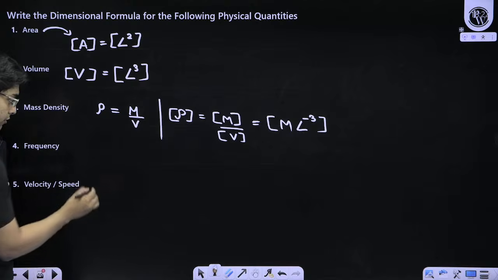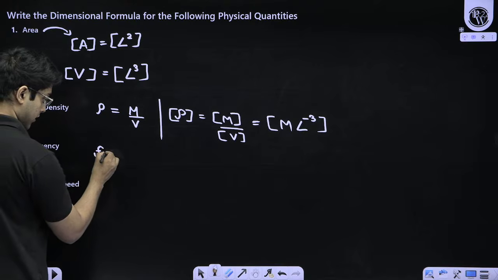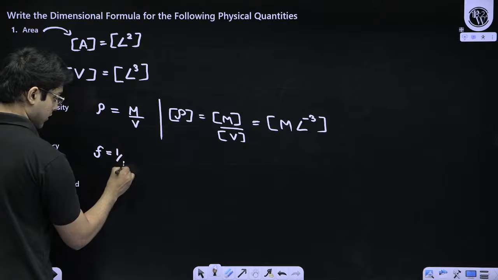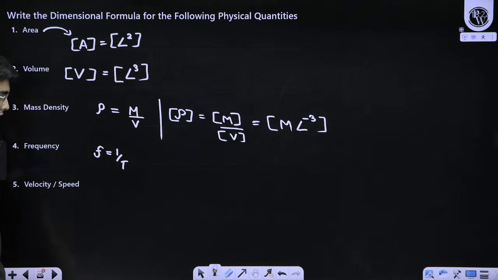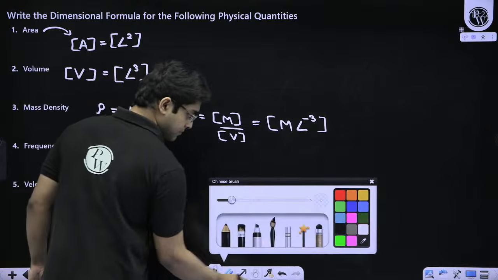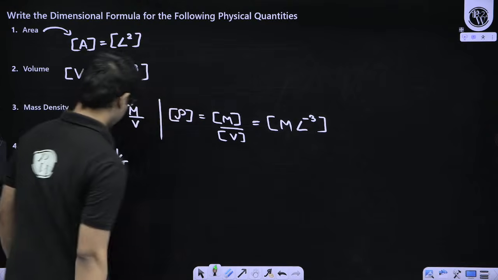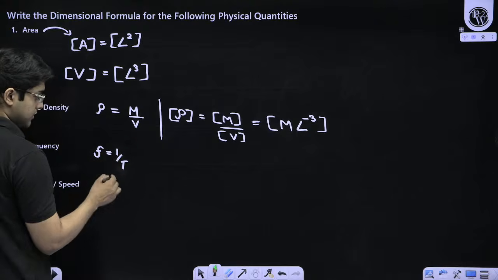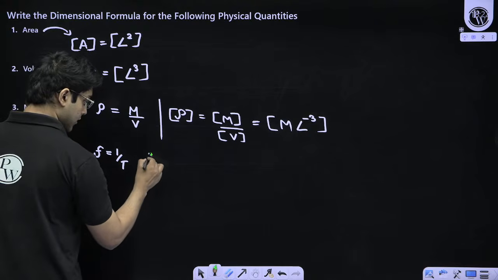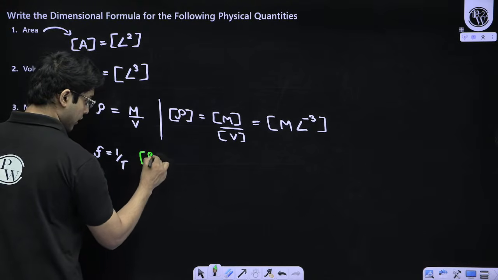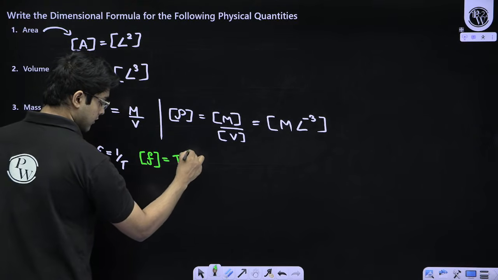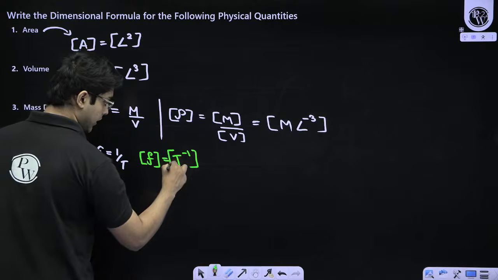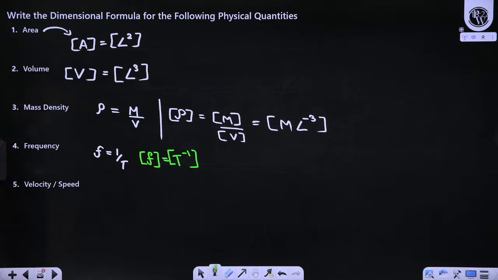Frequency, if you remember the formula, there was a formula for frequency which is 1 by time period, okay, which we'll cover in SHM. So frequency has dimensions of 1 by time. So the dimension of frequency is T to the power negative 1. Time is in the denominator, so it will be T to the power negative 1.